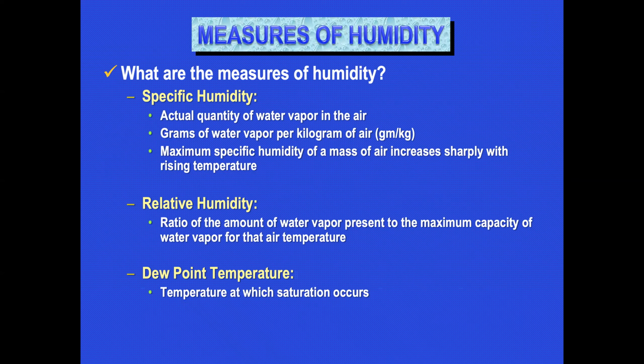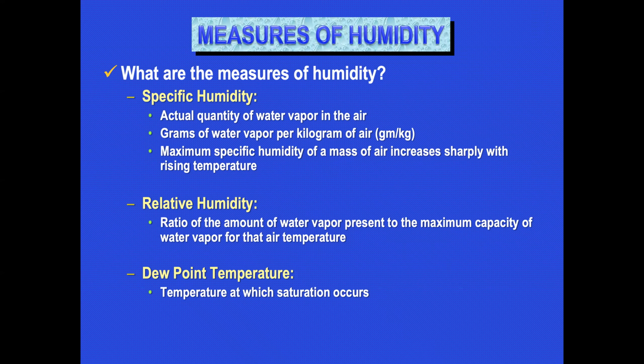So relative humidity is the ratio of the amount of water vapor present to the maximum capacity for that specific temperature. So the lower the temperature, the lower the capacity of the air to hold moisture. Okay. Dew point temperature, on the other hand, simply tells you the temperature that you have to lower the temperature to in order to get dew.